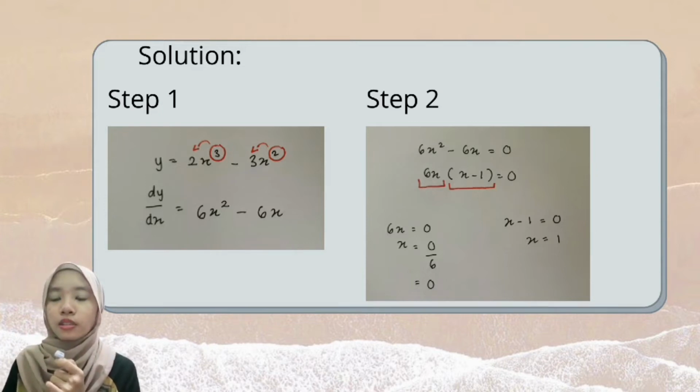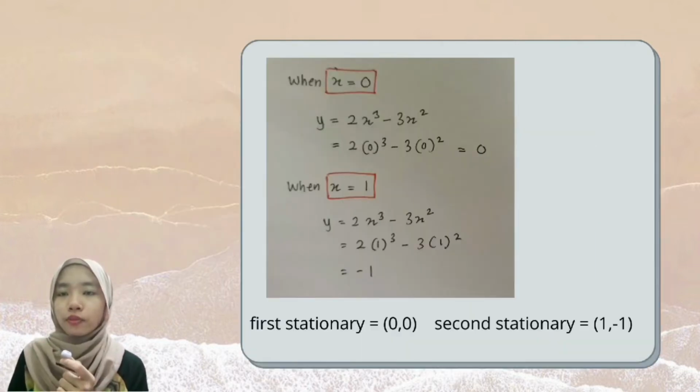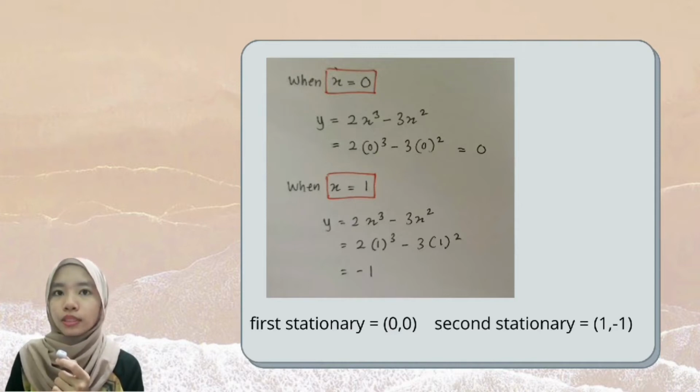There are two stationary points, when x equals 0 and when x equals 1. These are the coordinates for x. To find the coordinates for y, we need to substitute the x values into 2x cubed minus 3x squared. Our first function is 2 times 0 cubed minus 3 times 0 squared.